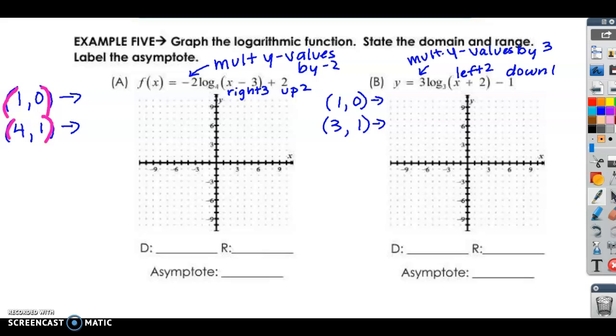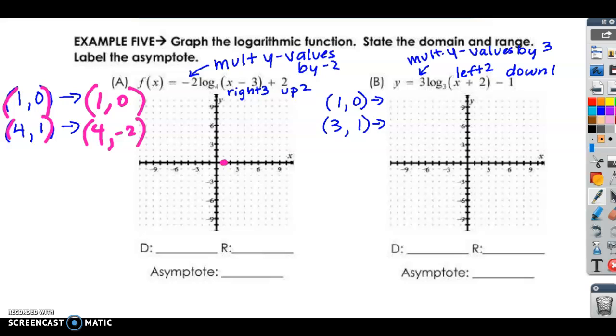When I take those points and multiply the y values by -2, my y value is 0, so that point's going to stay at (1, 0). And then this one is going to go to (4, -2). I'm going to plot those and start with those 2 points and then shift them. Got to be careful with (1, 0). (1, 0) is not (0, 1).